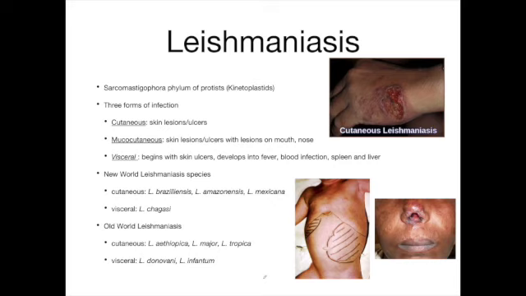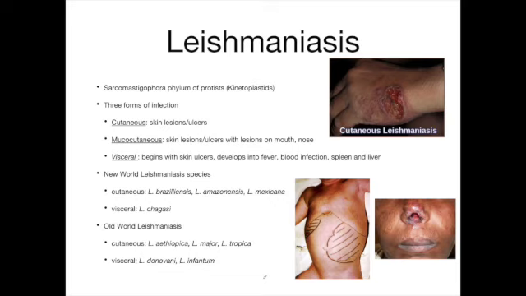In New World Leishmaniasis, we have cutaneous and visceral. In Old World Leishmaniasis, we see mostly cutaneous and visceral as well. Both places might have a little bit of mucocutaneous. Mucocutaneous is the least vicious of the 3, really causes just skin lesions.